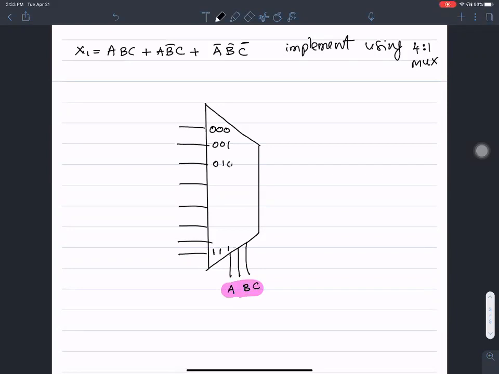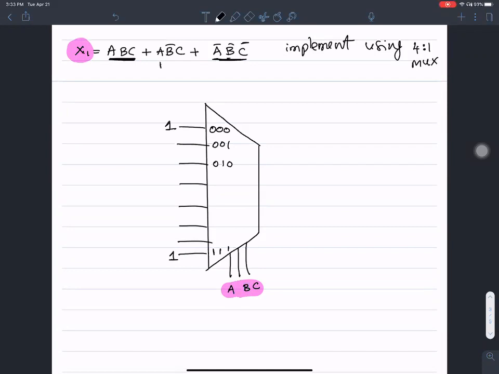All we have to do is look at the A, B, C values. So A, B, C is 1, 1, 1, that guy is a 1. A naught, B naught, C naught is 0, 0, 0, so that guy is a 1.